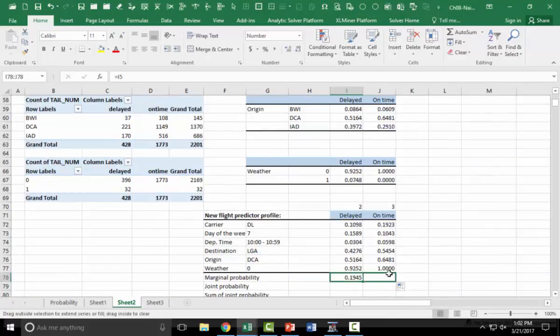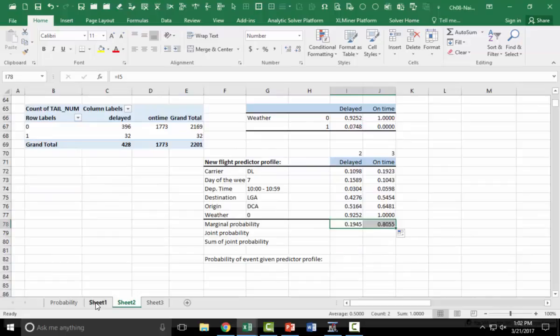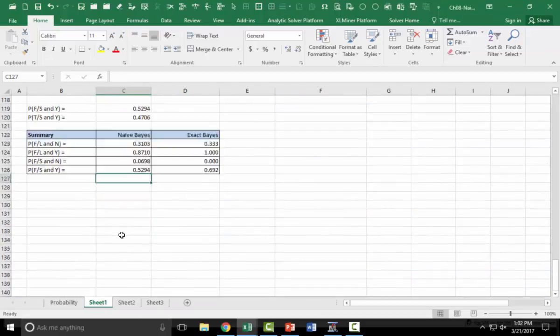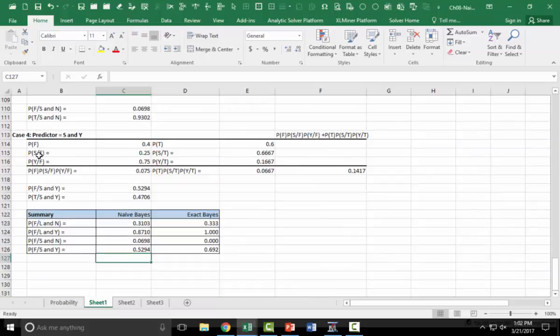So the formula, remember from our previous example, the naive Bayes formula is the marginal probability and then all the conditional probabilities. The previous example we had only 2 predictors, so we had only 2 conditional probabilities. Now we have several, so we have to multiply all of them together like that.